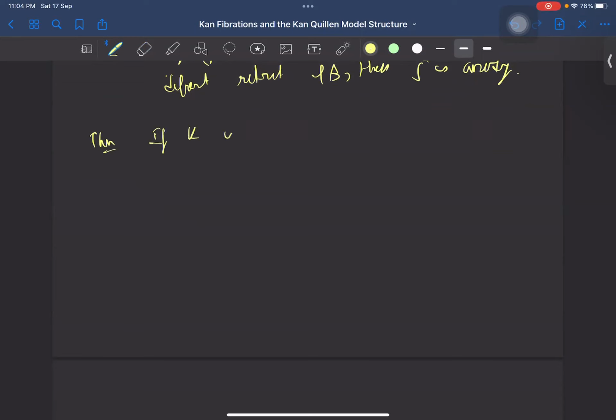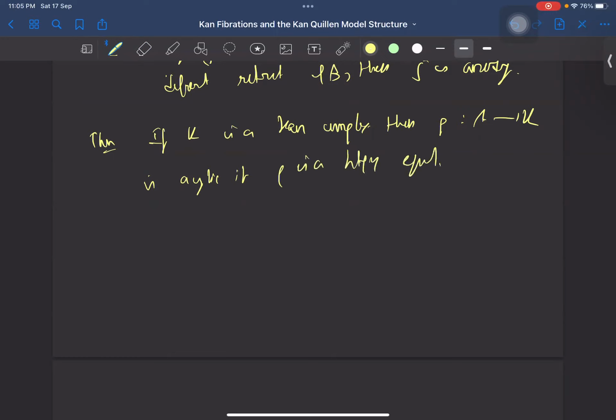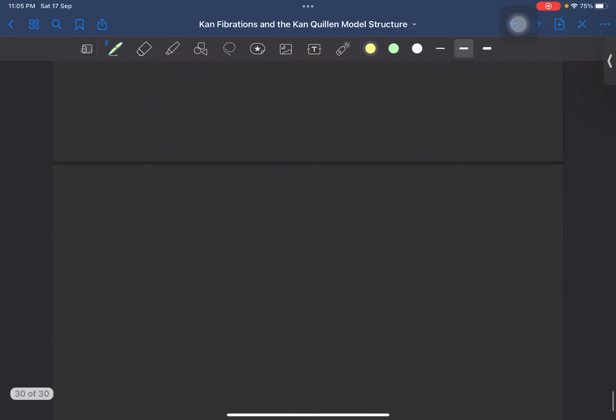So if K is a Kan complex, then the map P to K is acyclic if P is a homotopy equivalence. The proof, I'm going to give a proof.